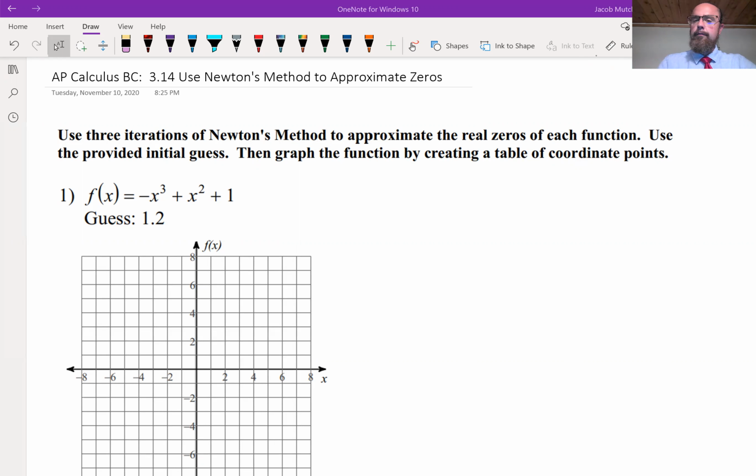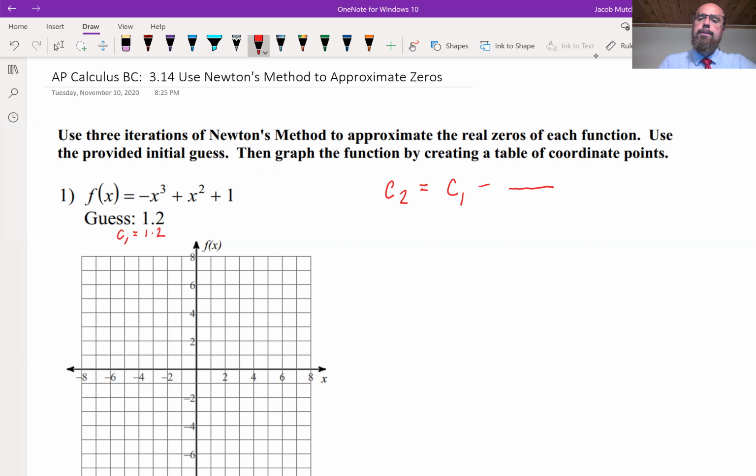It comes again from the linearization of a function. The way it's useful for us here with Newton's method is that if I have some term C1, which is equivalent to our guess here of 1.2, the next approximation, C2, would be equal to that first approximation or guess minus this quotient.